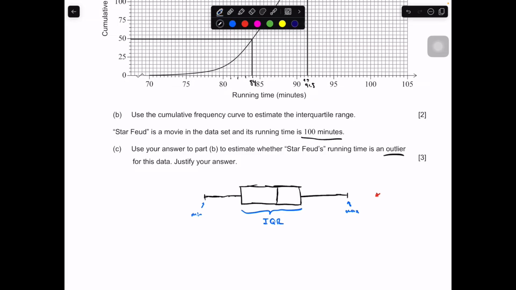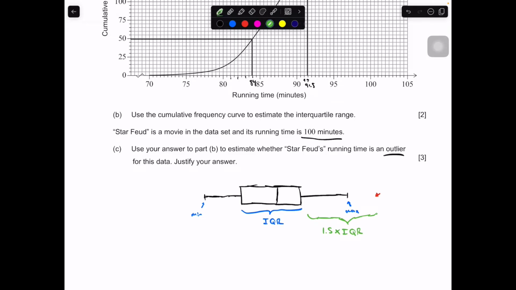Well, if we're asking the question of, do these whiskers extend to reach one of these points on the outside? These whiskers will extend 1.5 times the IQR.